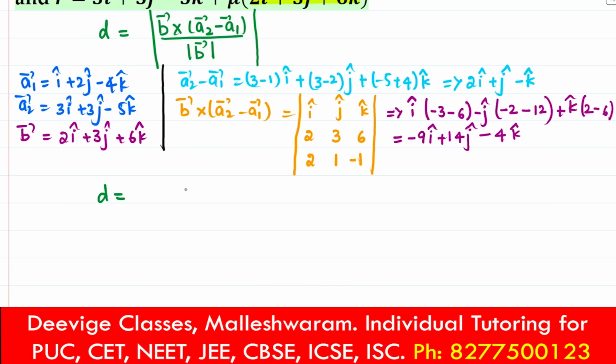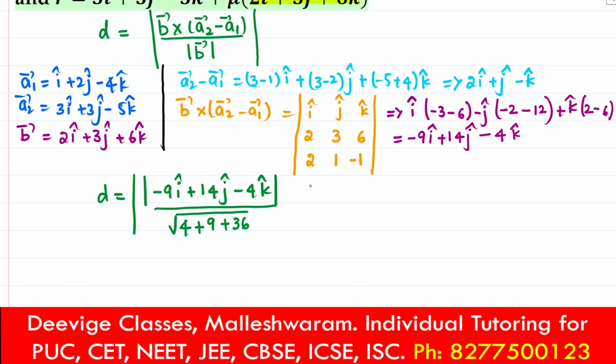D is equal to minus 9 i cap plus 14 j cap minus 4 k cap divided by the magnitude of B only. So 2 square is 4 plus 3 square is 9 plus 6 square is 36.